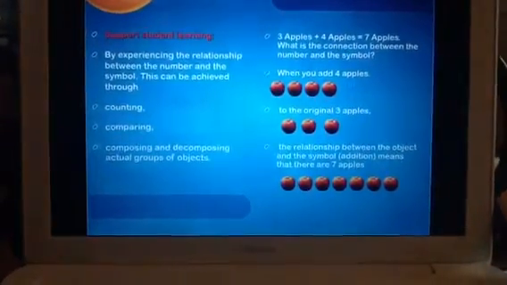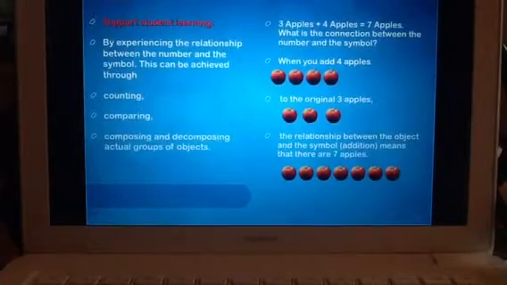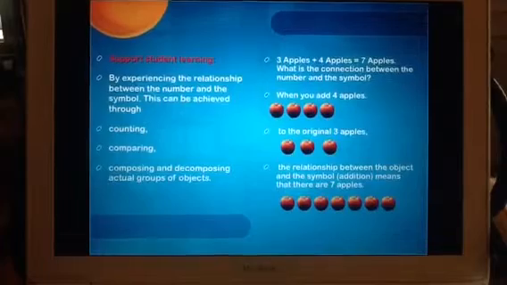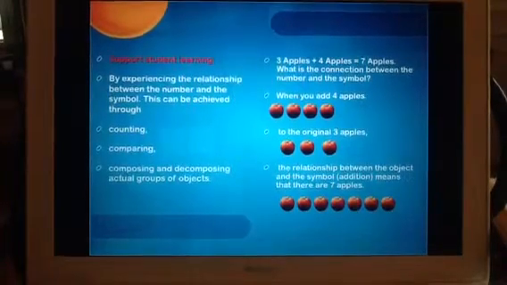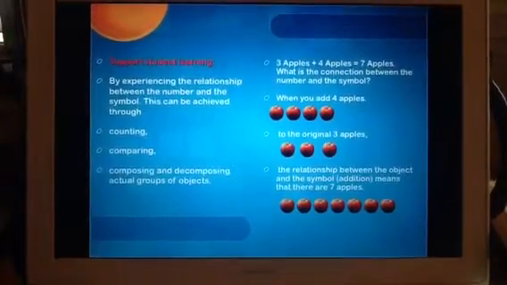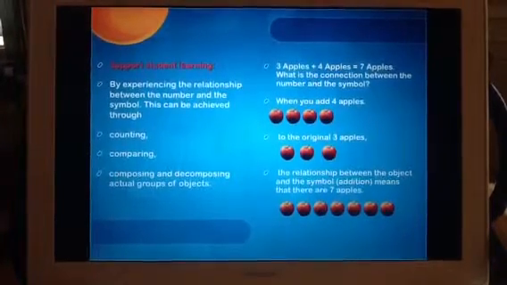Talking to children about when you add 4 apples to the original 3, which is the addition or the joining number, the relationship between the object and the symbol, addition, means that there are 7 apples. How does this work? That comes into the composing and decomposing and will be illustrated in the next slide on our critical learning processes.